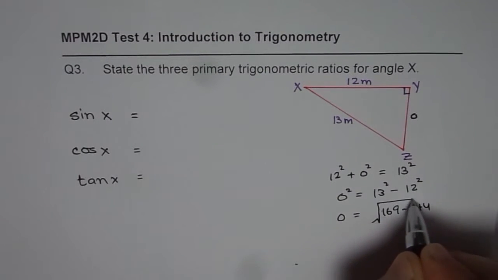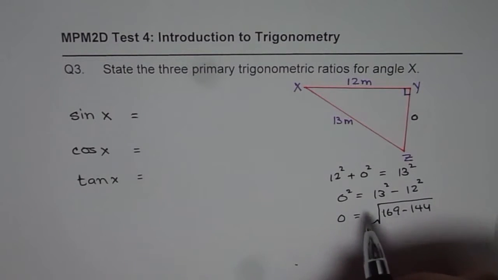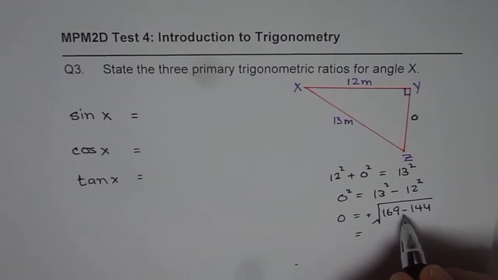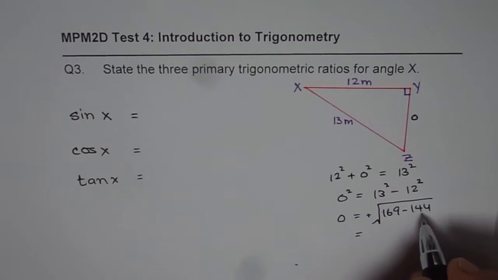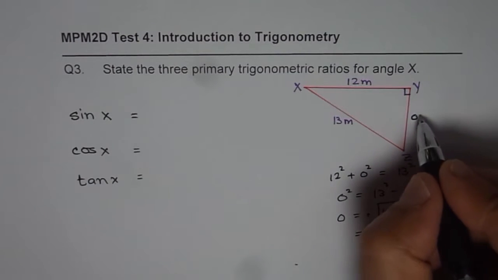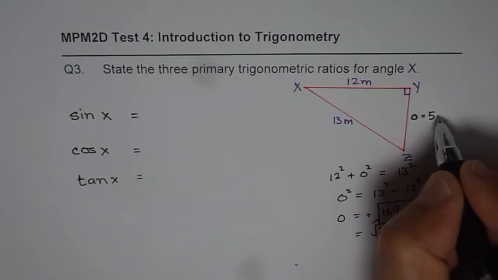You can always use calculator to calculate these values, and square root. Since the sides are always positive, we always take the positive value, right? Now 169 minus 144 is 25, so square root of 25, which is 5. So now we know that this side, opposite side for us is 5, and the units are meters.